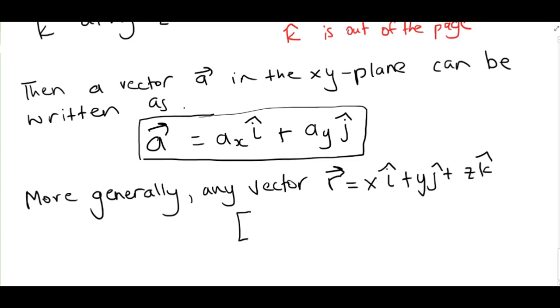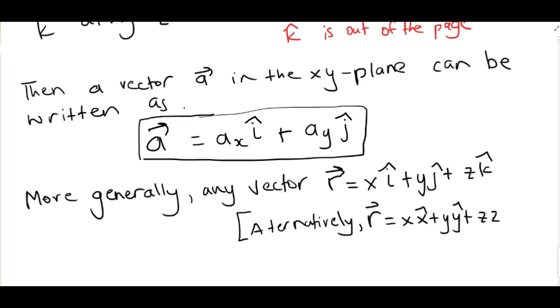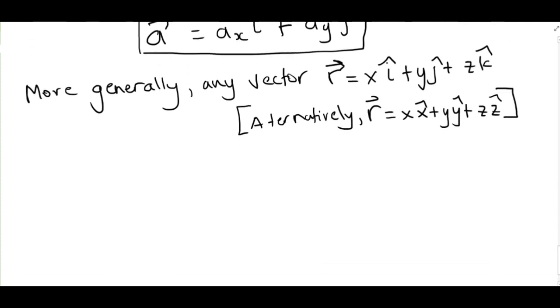Alternatively, you can make it a bit simpler: instead of i, j, k, you can use x hat, y hat, z hat.